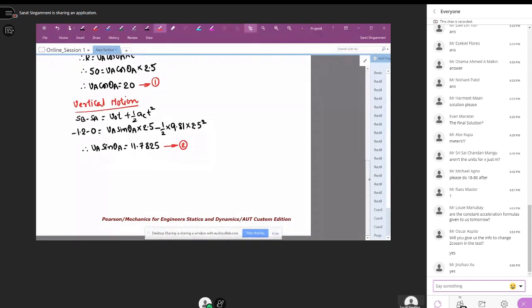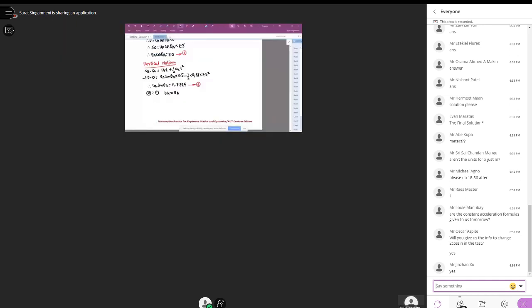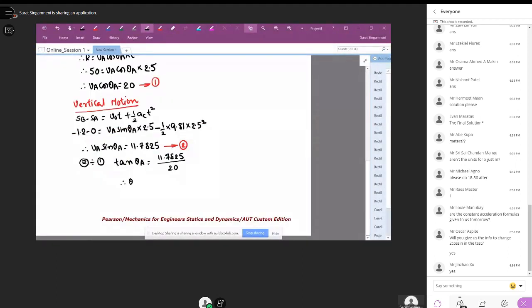Now you can see some pattern there. If you divide equation 2 by equation 1, on the left side, VA and VA get cancelled. Sine theta divided by cos theta is tan theta. So tan theta A is equal to 11.7825 divided by 20. By taking inverse tan on the right side, we can get theta A as 30.5034 degrees.